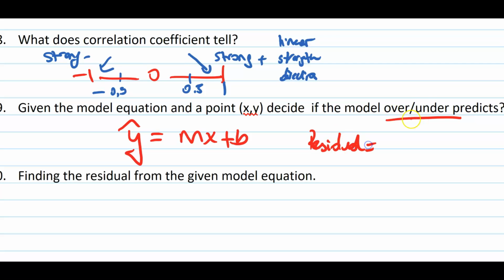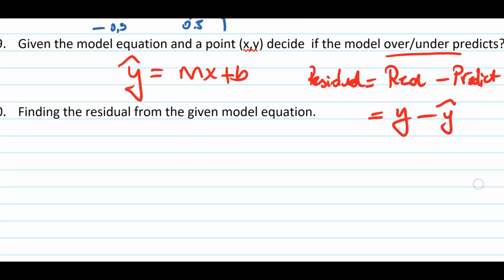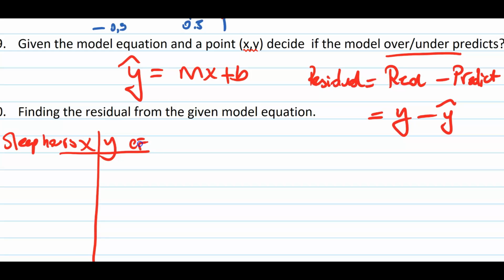So residual means the real data minus the predicted one. Real means y, predicted one is y hat. For instance, let's say we have some data in our hand, x and y values. Let's say x shows the sleeping hours, and y shows the efficiency.